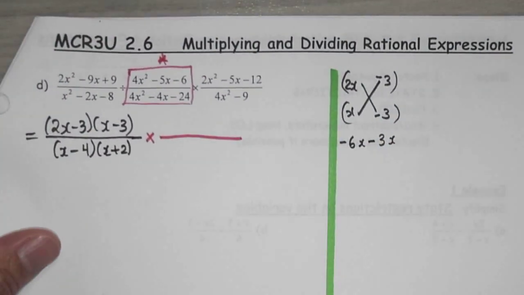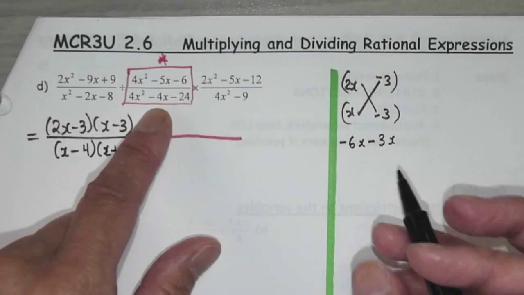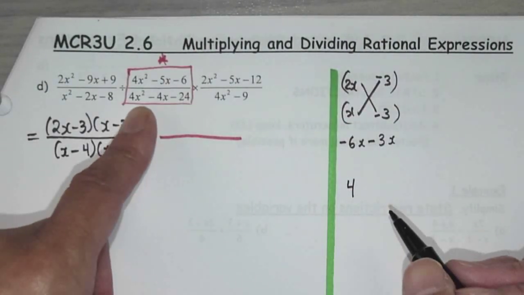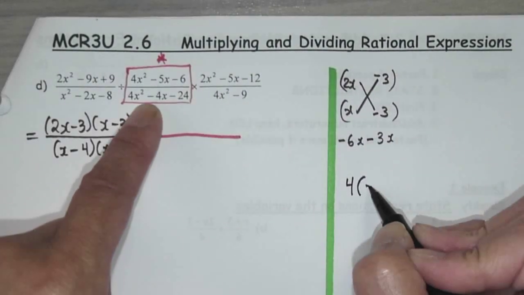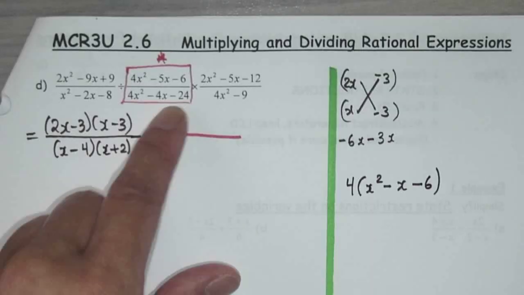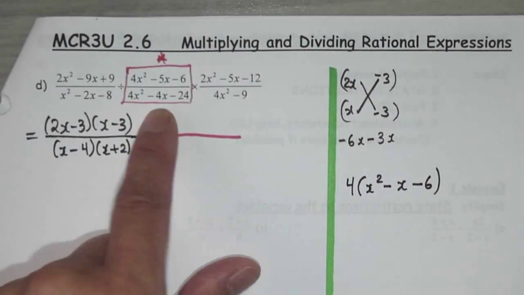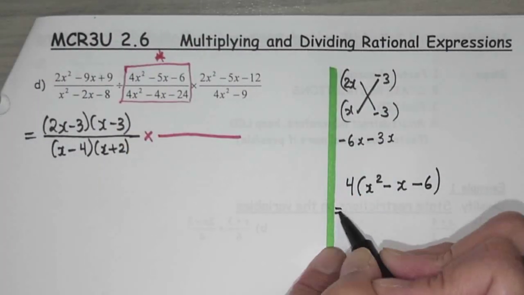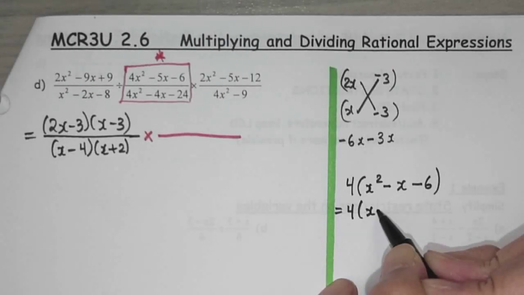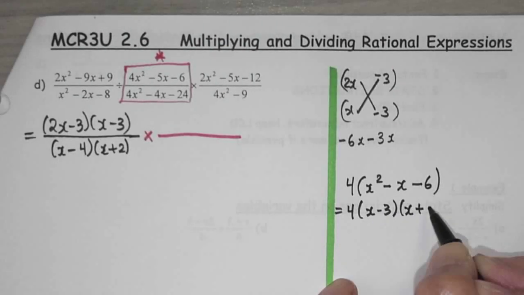So I'm going to grab this denominator. I can see a common 4, so right away take out the common 4. You have x squared minus x minus 6. So grab this one here, the denominator, I grabbed it over here. X minus 3. Perfect. X plus 2.